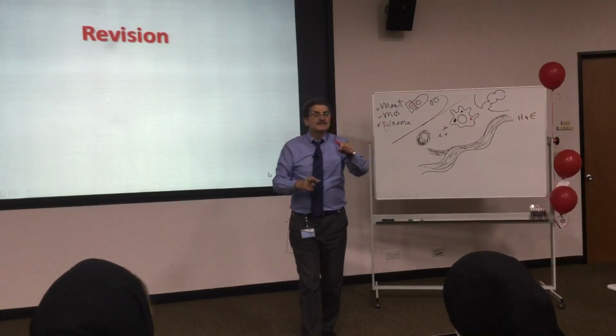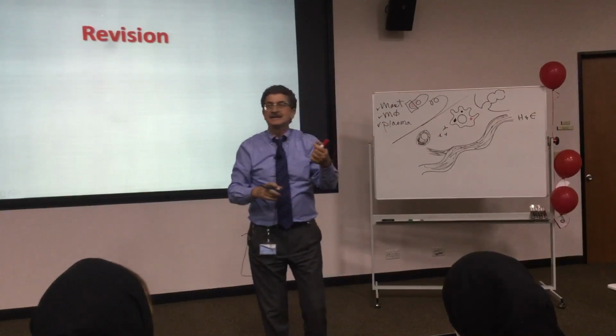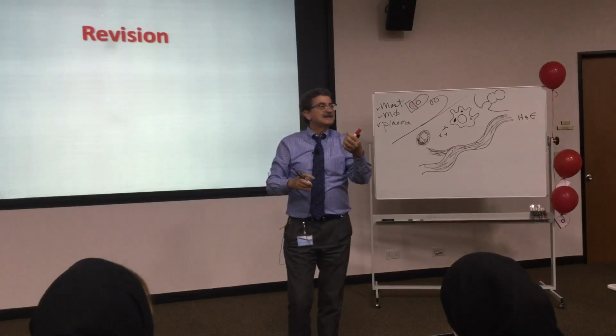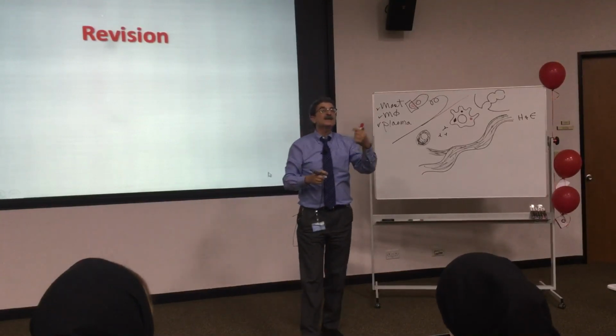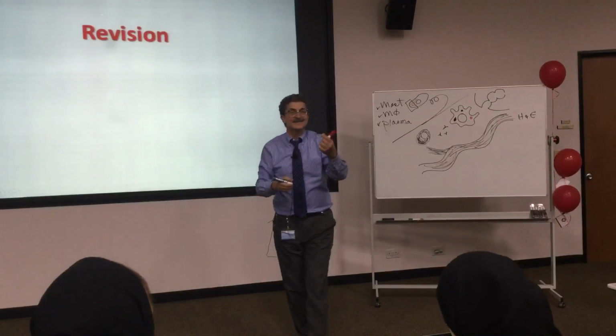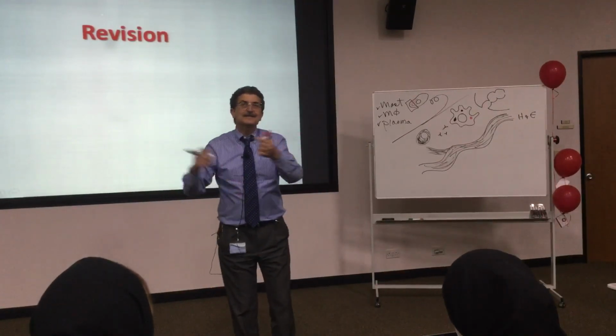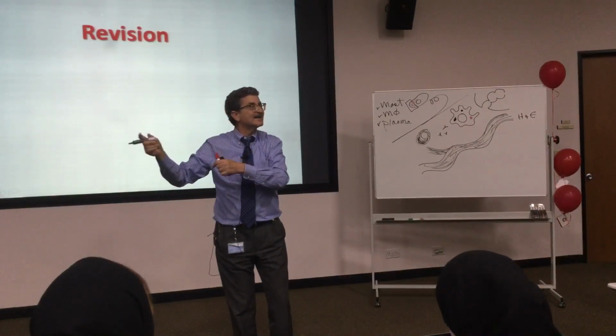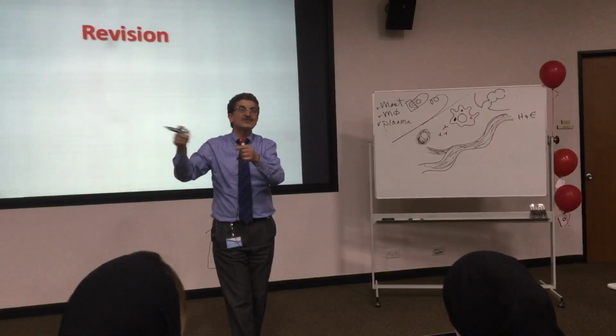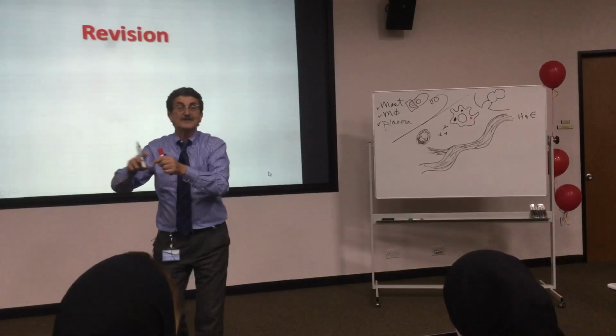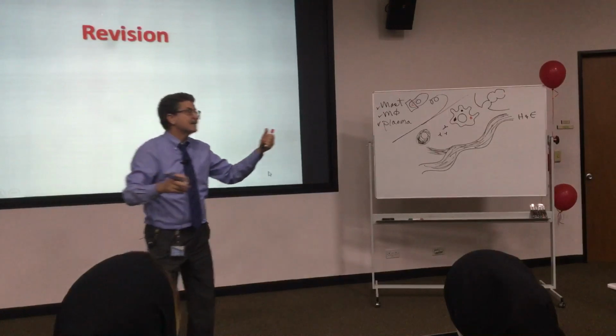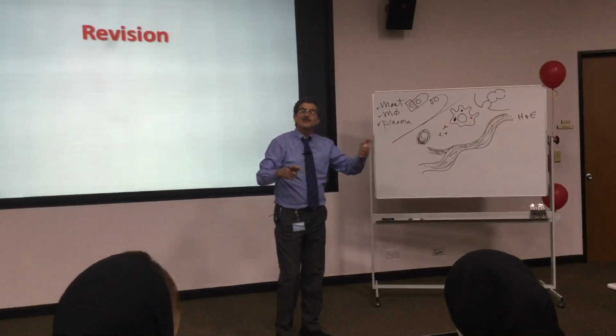The granules contain heparin, and heparin is sulfated, like sulfated proteoglycans or sulfated glycosaminoglycans in the matrix of cartilage. And this makes the mast cells metachromatic.